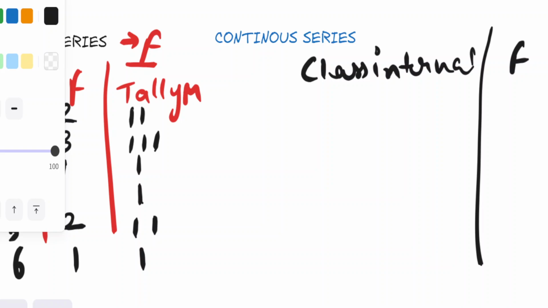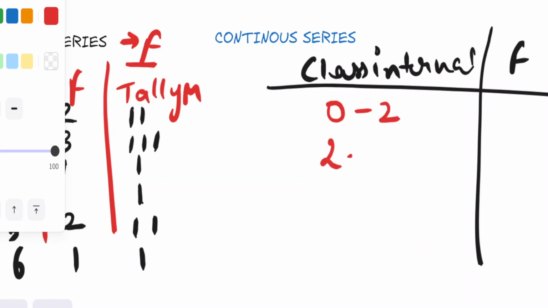Then it comes with the frequency part. Suppose there were, as I told you, 10,000 students. So we made a criteria that all those students who are getting marks between 0 and 2, then 2 to 4, 4 to 6, 6 to 8, 8 to 10.